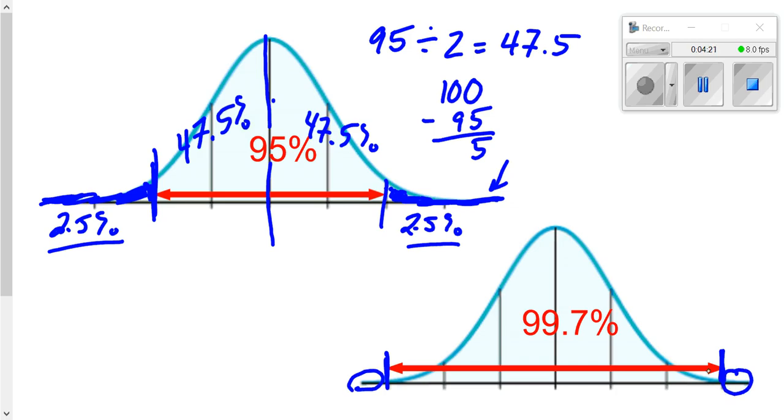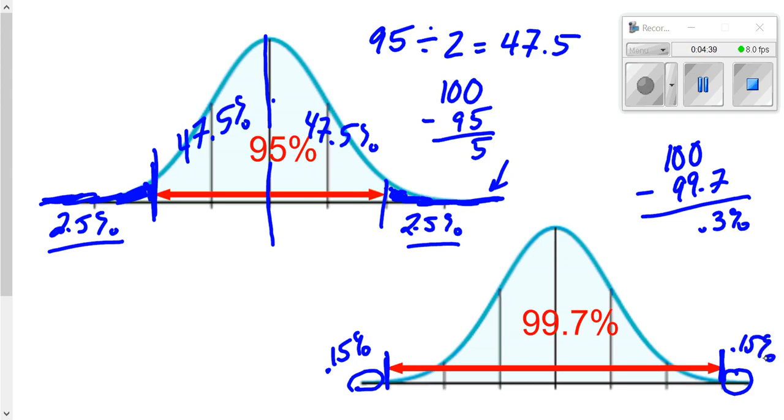Little tiny bit of blue up here, right? So if we take 100 minus 99.7%, we're left with 0.3%. And then if you split that, because of symmetry, there's just a little dab down here and a little dab up here, 0.15%.